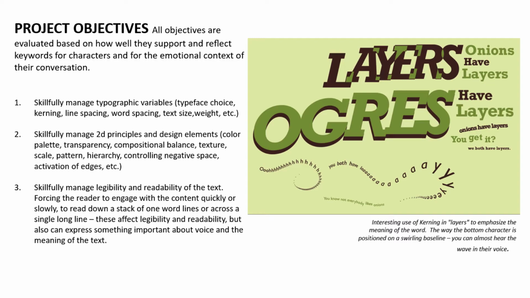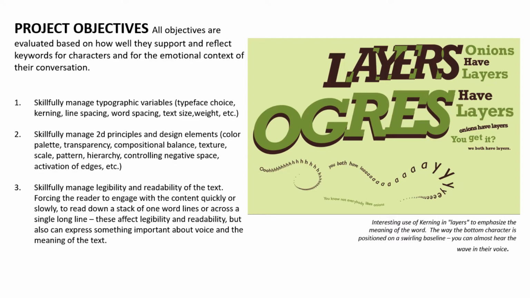Because this project is a very free for all project, and the rules are very loose in this one. That's mainly because we want you to start really exploring all the different variables that you have to work with. So we want to see very extreme versions of everything: kerning, line spacing, word spacing, all of that.